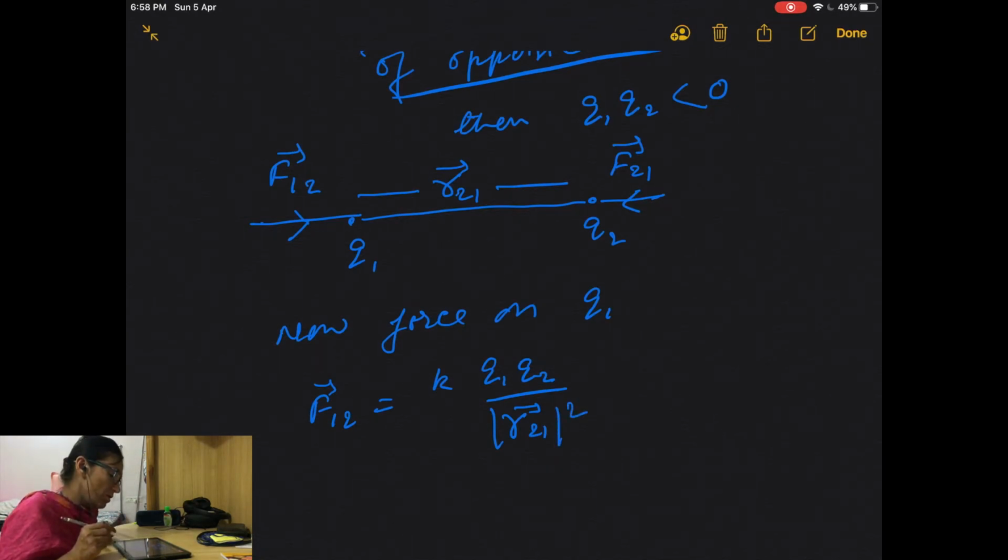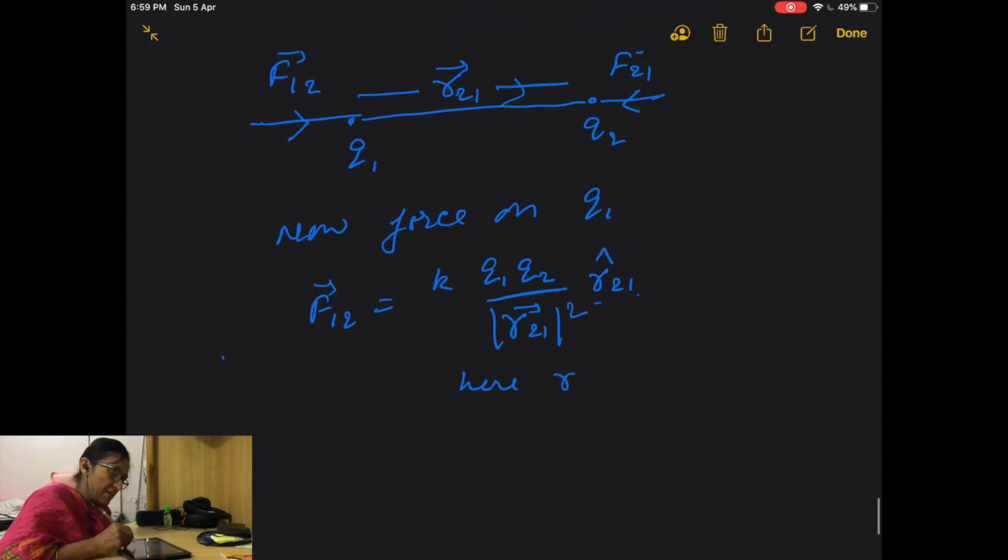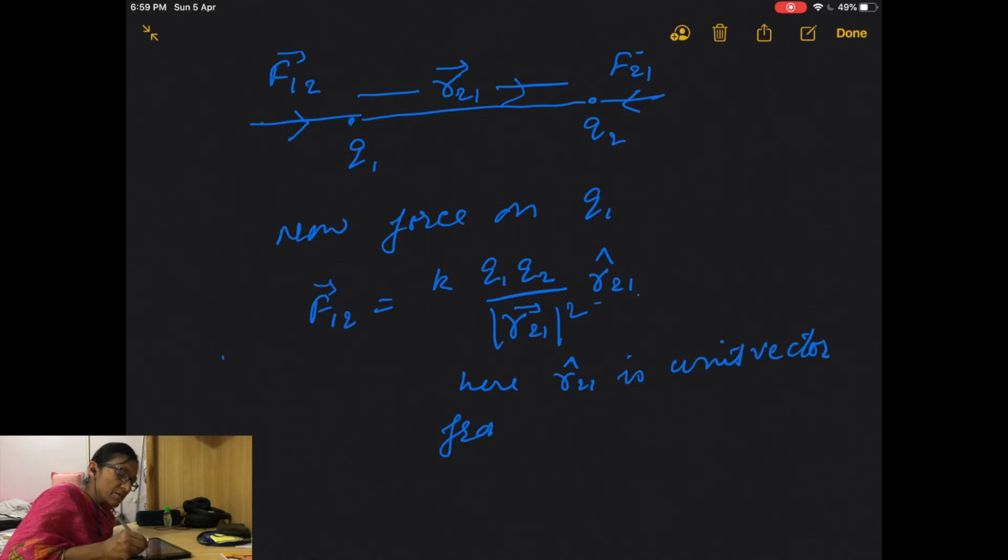This is your magnitude, and then we will write the direction. You can see that this force is in the same direction in which the displacement vector R21 is. So we can write R21 cap. This is a unit vector, here R21 cap is the unit vector from Q1 to Q2.